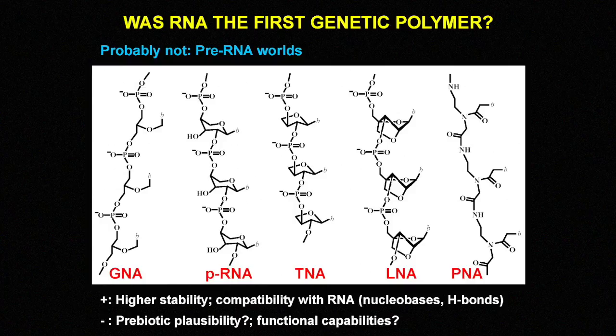B is the nucleobase, and they are called GNA, pRNA, TNA, this is threose nucleic acid, locked nucleic acid, peptide nucleic acid, etc. They have the advantage of being more stable than RNA, so perhaps they were good candidates to have preceded RNA, and they are compatible with RNA in the sense that these structures have been designed to be at the right position and distances, the nucleobases that allow interacting with RNA or DNA.